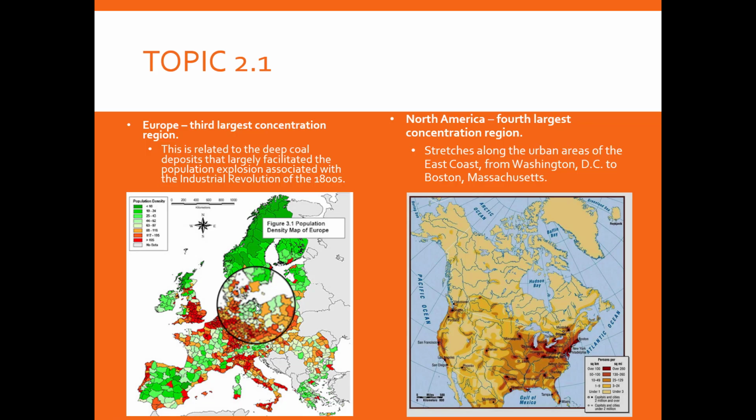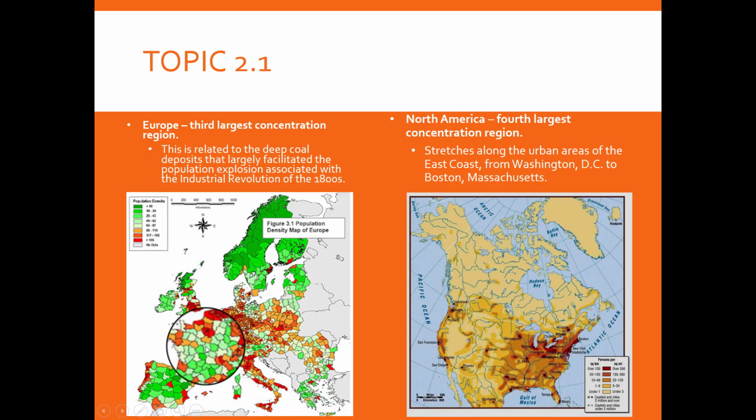The more that they were able to use that coal to fuel things like the steam engine and to build massive industrial buildings to help them with textiles and cloths and other types of resources that we use on a daily basis, that's how Europe was able to really escalate in its population and also have a high concentration of people, as you see here in the map, right?